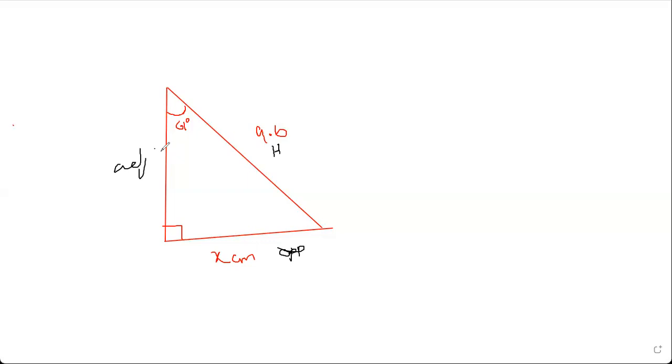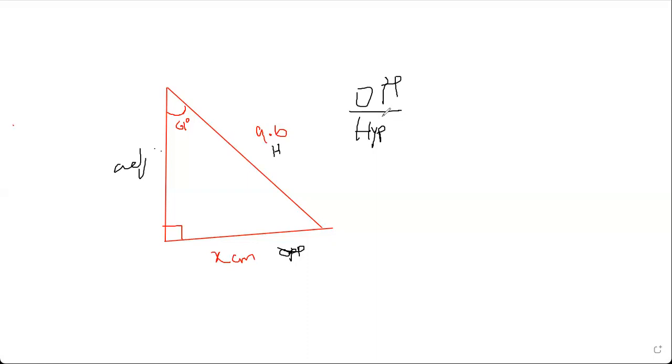We have to find only opposite. X is opposite. So we can use opposite over hypotenuse. We have sine theta, cos theta, and tan theta.